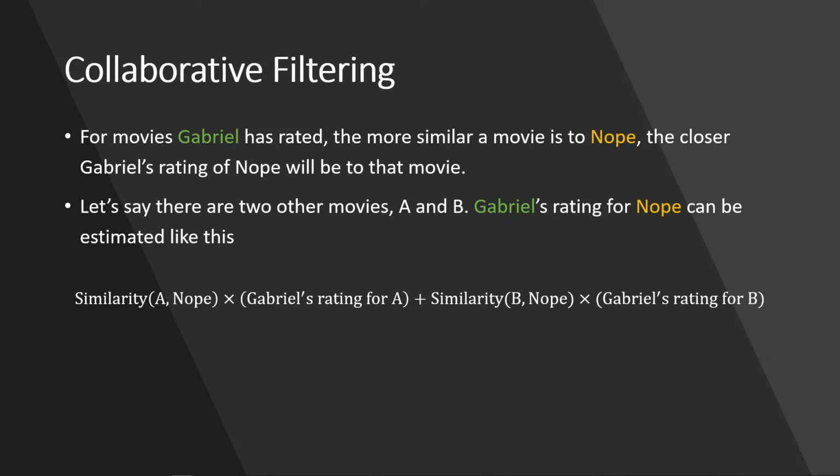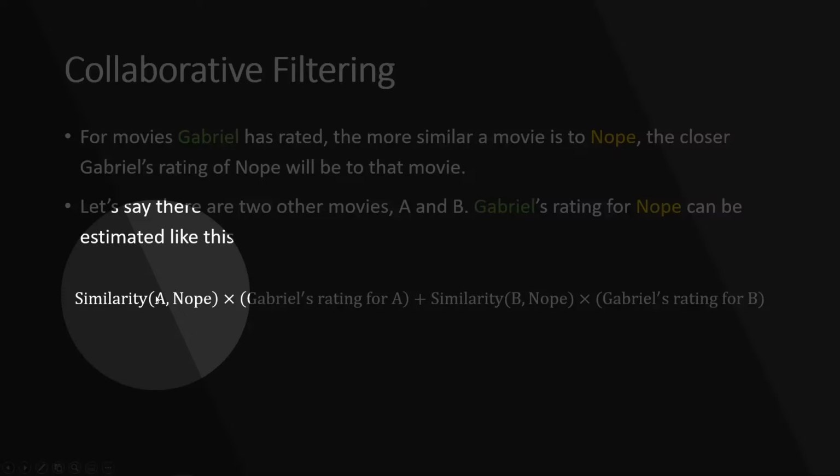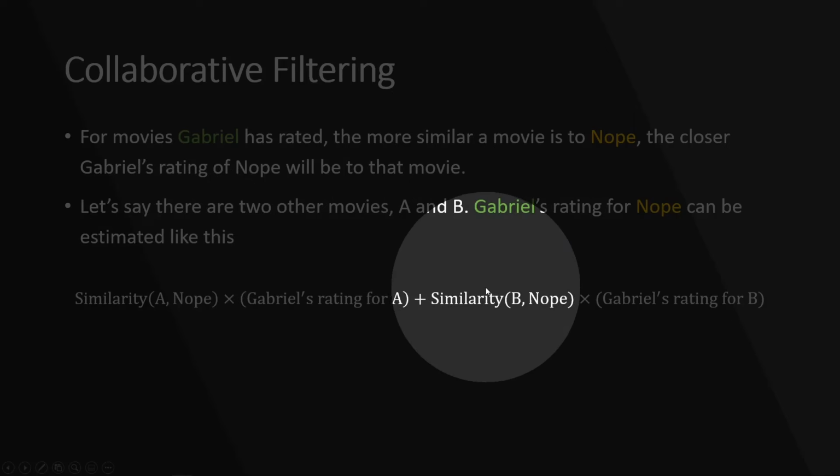Let's say there are 2 other movies, movie A and movie B. And Gabrielle's rating for Nope can be estimated using a formula like this. If we know how similar movie A is to Nope and how similar movie B is to Nope, then we can use these two similarities as weights.